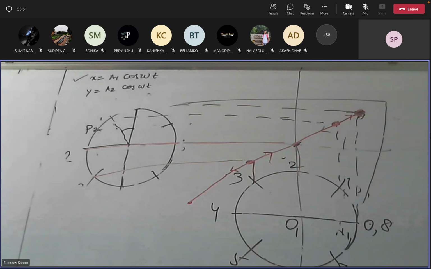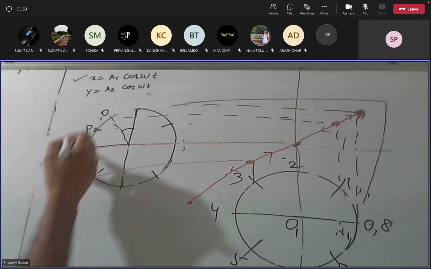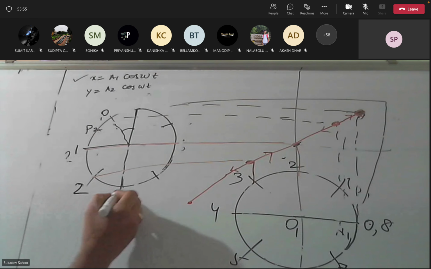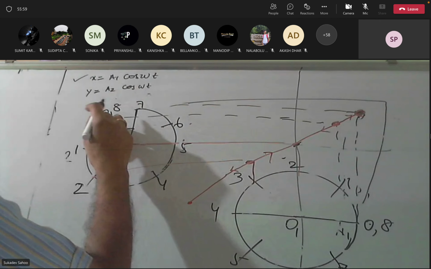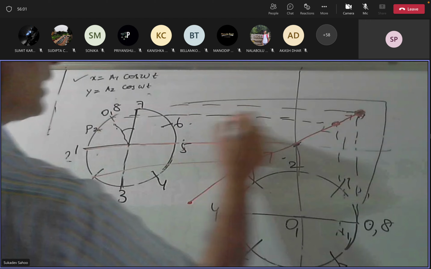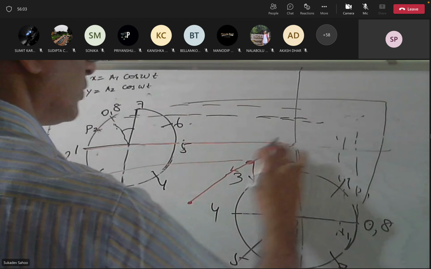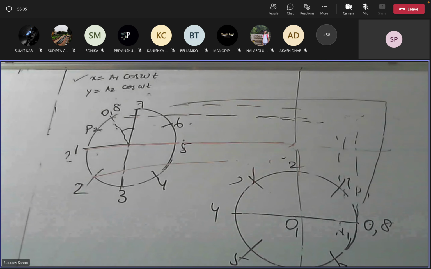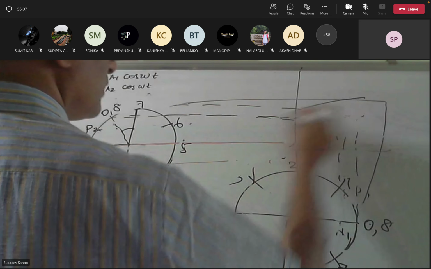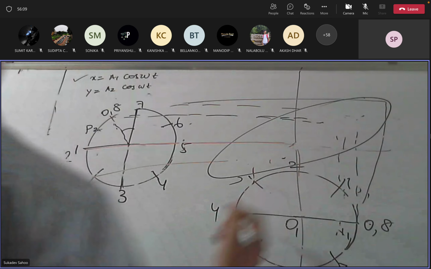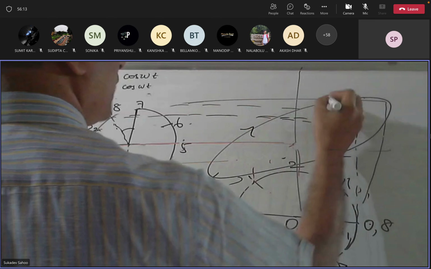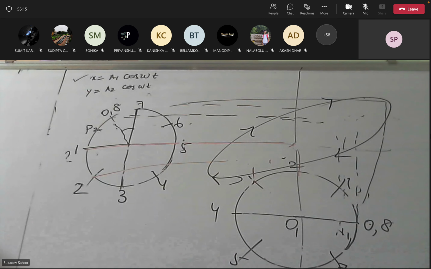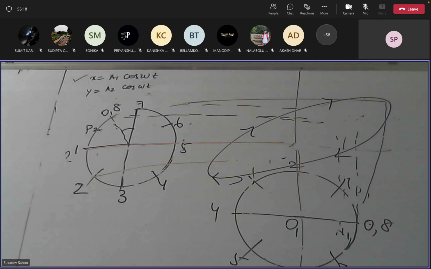This angle is delta by 4. So numbering will start from this place. Then you will add like this. Draw the same numbering points, then you will obtain it like this. The directions you will find. Everybody clear?